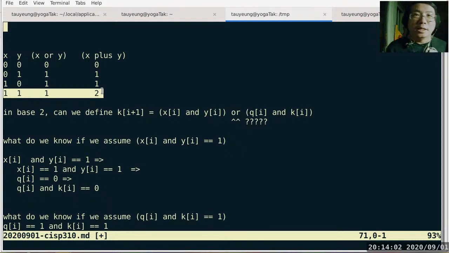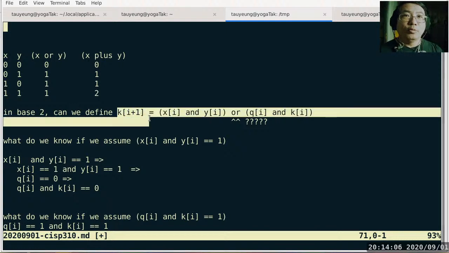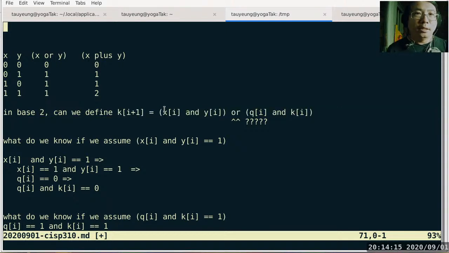So now that we can use the revised definition of Ki plus 1, we can actually do everything using logic gates. Because the definition of Ki plus 1, now I know it is still a handful because we have 2 ANDs and 1 OR, and it relies on the previous K, but it's okay. We can actually make circuitry to do this calculation.